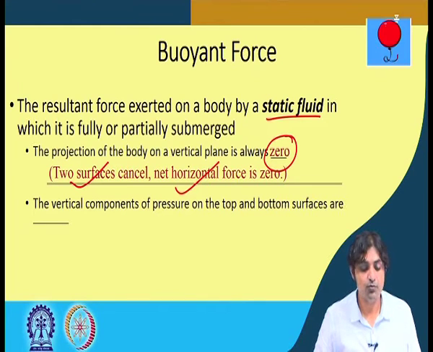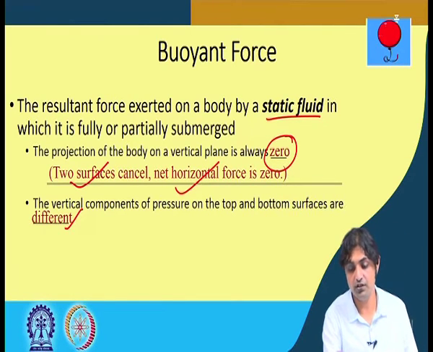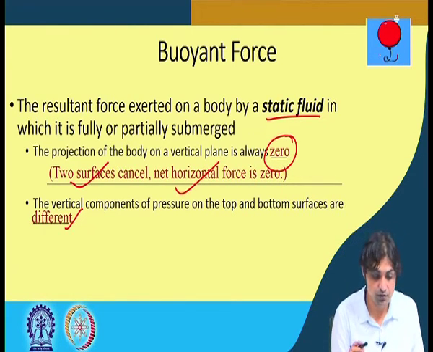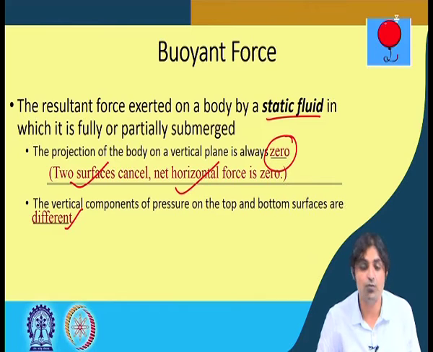The vertical components of pressure on the top and bottom surfaces are different, however. So in the horizontal plane the two surfaces cancel, therefore there is no horizontal force, but the vertical components of pressure on the top and bottom surfaces are different, because at the top the pressure will be different and at the bottom the pressure will be different, right?